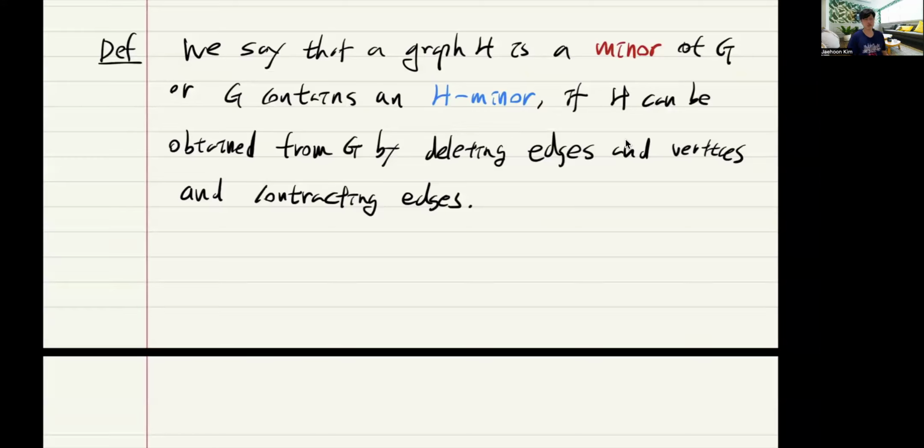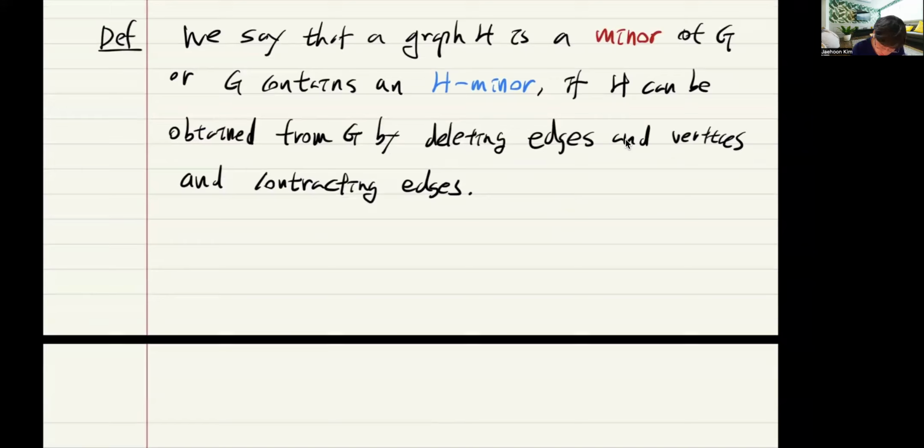Contraction we have dealt with in the section on connectivity. When we have G, we delete edges and vertices, then we obtain a subgraph. And then we further contract some edges as we want. Then we get some other graph, and that's called an H minor if it is H.